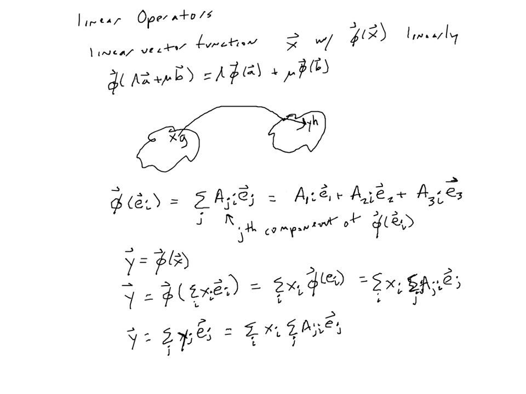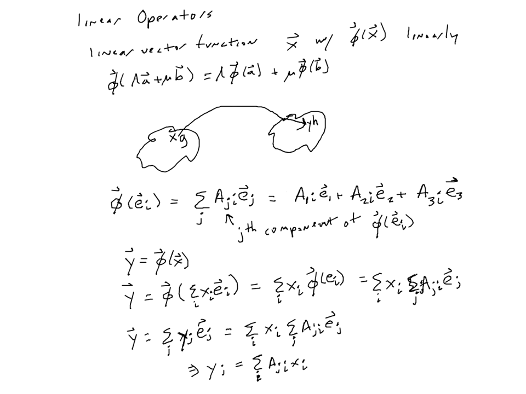Now if you look at the two of them side by side, you see the e sub j in both? Well, I can eliminate the sum over j, because it's in both, and I can eliminate the e sub j in both. And I end up with y sub j is equal to the sum over i, a sub ji, x sub i.